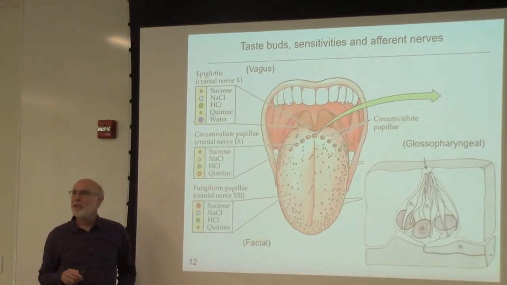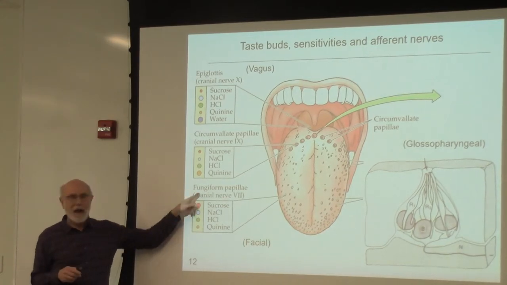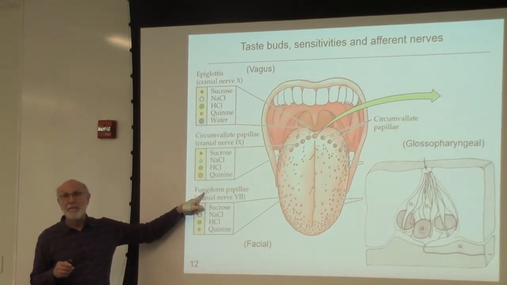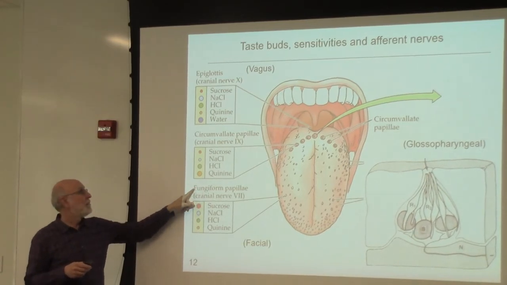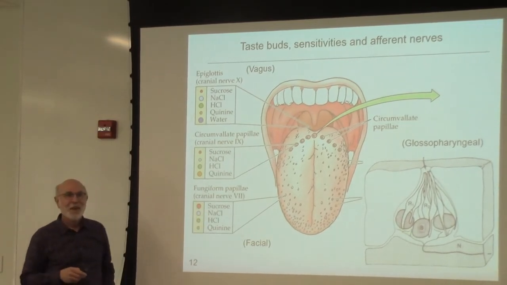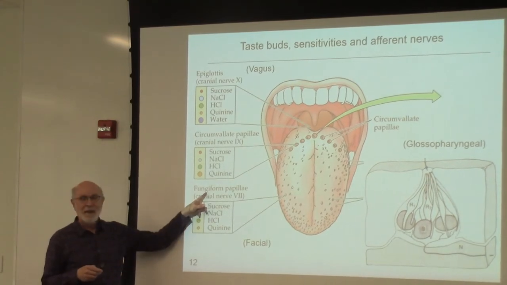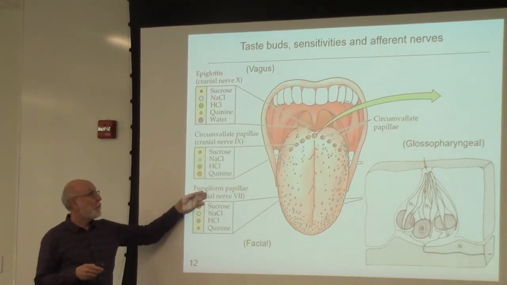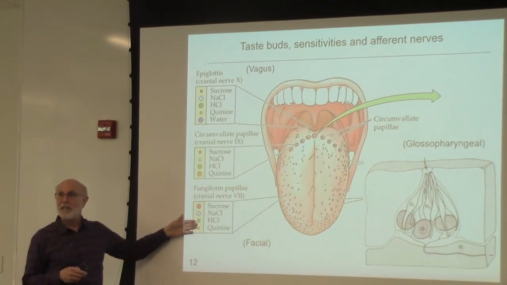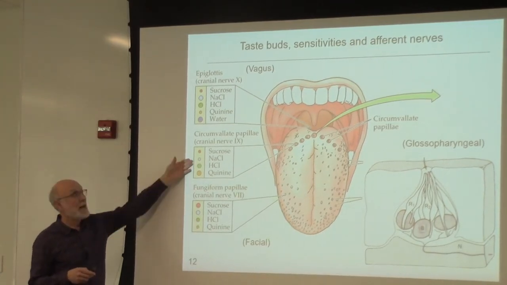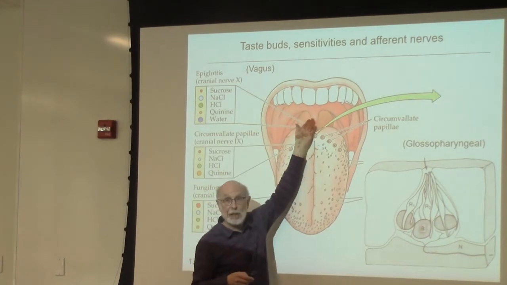Has anyone taken biodiv? How do they say that part of that word? I know how you say fungus, but how do they say that word? Fungi. Fungiform. Okay. You have to remember this. Fungiform. The fungiform taste buds express different receptor cells that express different receptor molecules. And the same with the circumvallate, and the same with the taste receptors in the back of the throat.